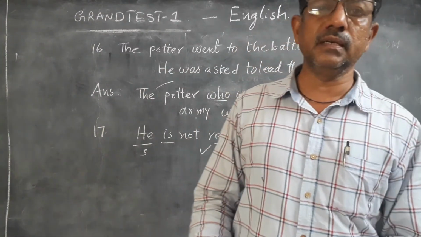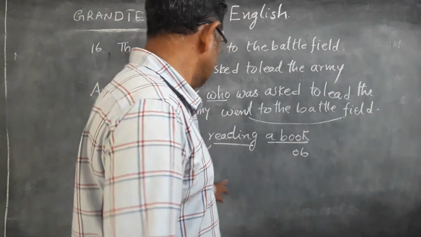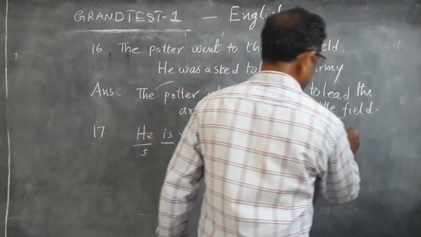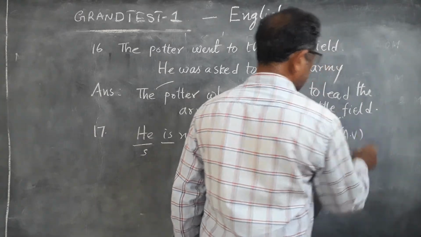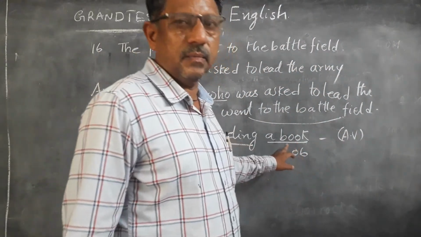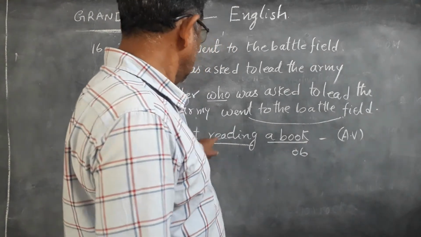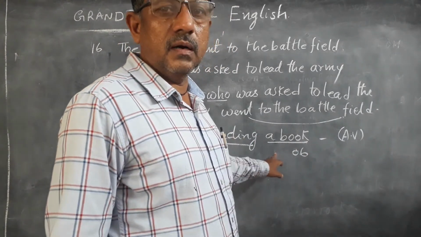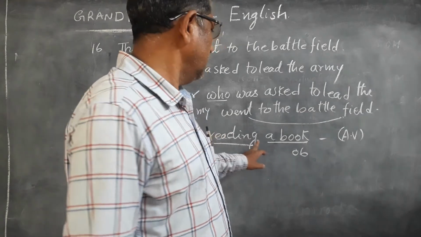The verb is in present continuous tense or present progressive. It is an active voice. So when the verb is in present continuous tense, in passive voice, the word being is added.